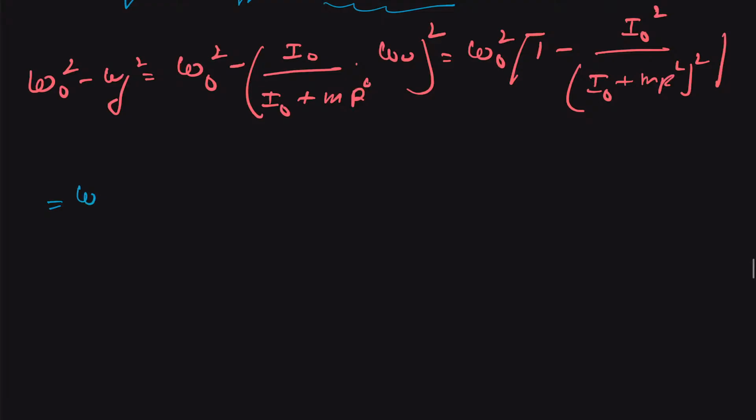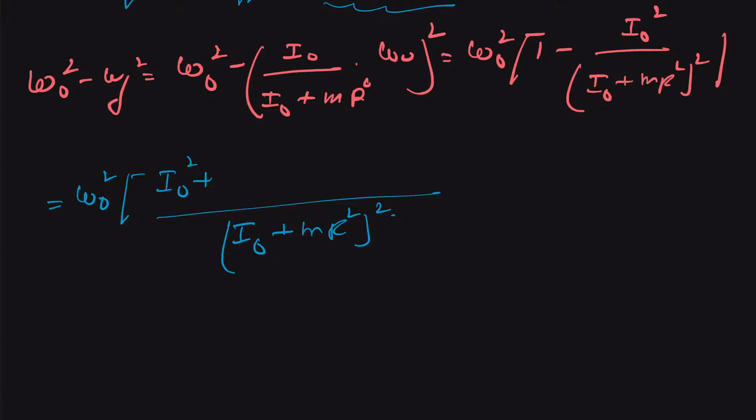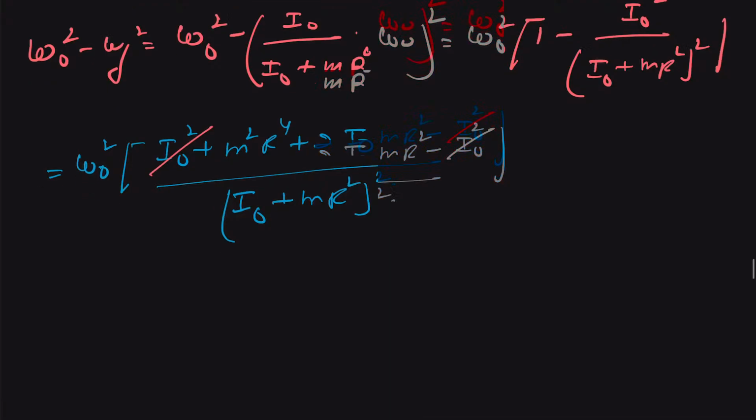So we get omega naught square, and our LCM is I naught plus m r square whole square. We open the bracket square, so this is I naught square plus m square r to the power 4 plus twice I naught m r square minus I naught square. I naught square cancels out, and we can take m r square as common.